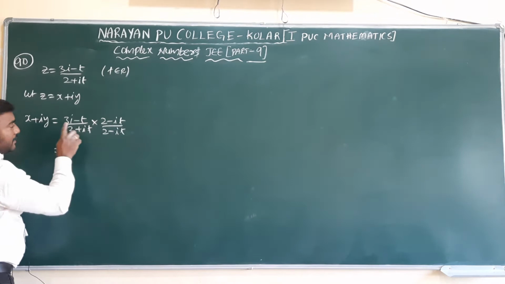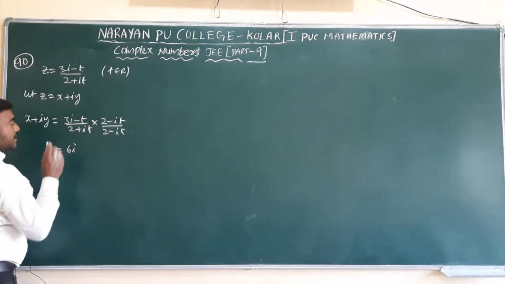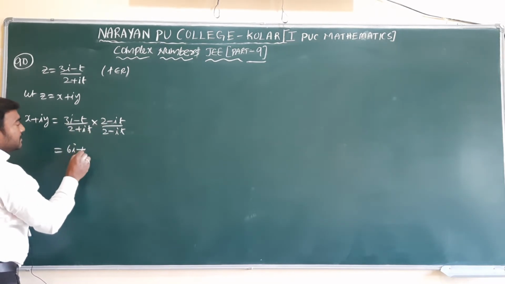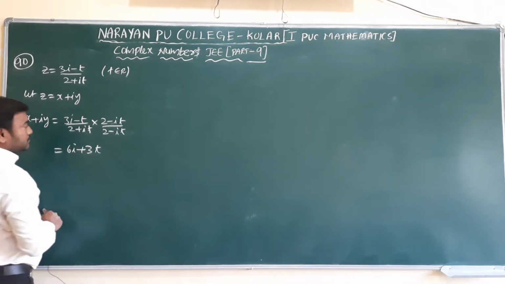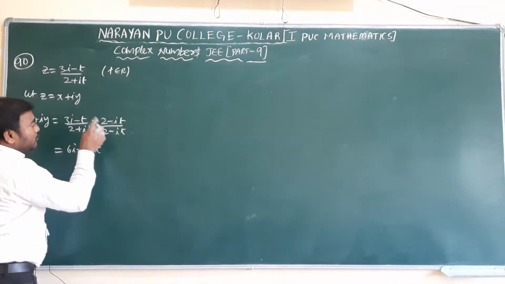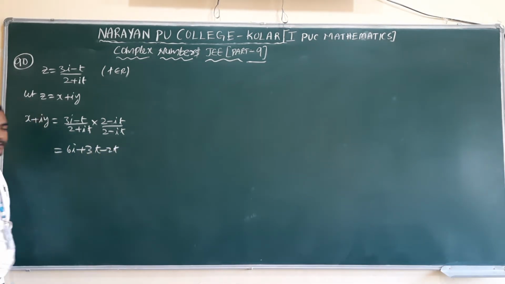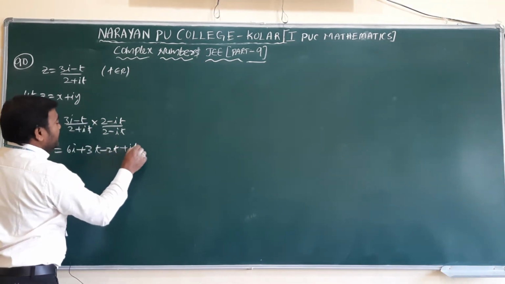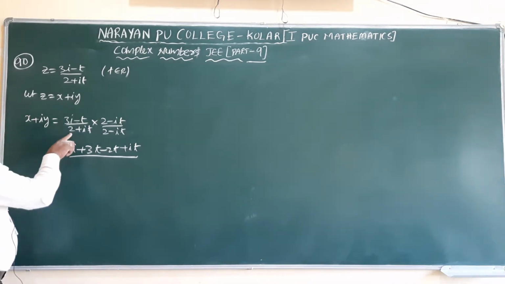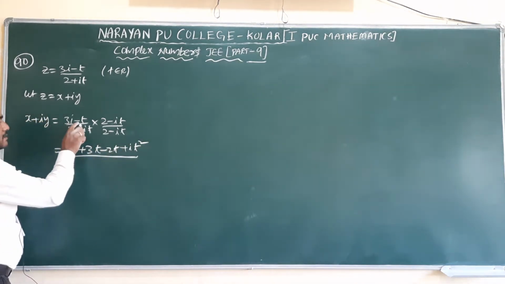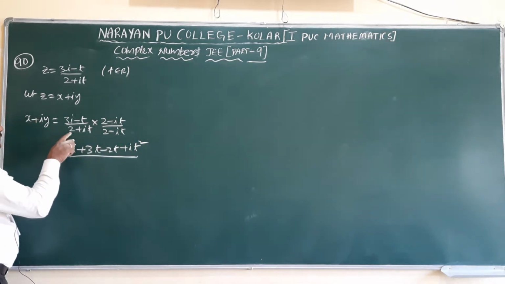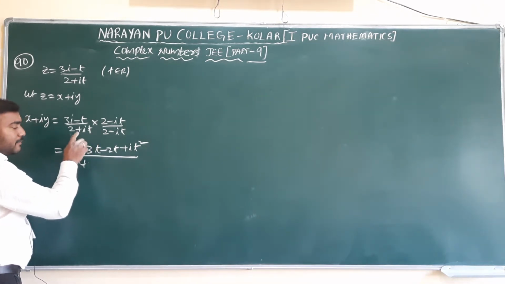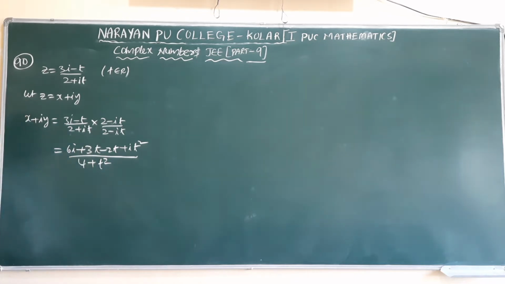So multiply numerator 3i into 2, 3 to 6i, 3i into minus it, i into minus i minus i square plus 1, we are getting plus 3t, minus t into minus 2 minus 2t, minus into minus plus it square divided by, so a plus b into a minus b, 2 square 4 minus i square into t square minus 1, minus 1 plus 4 plus t square.